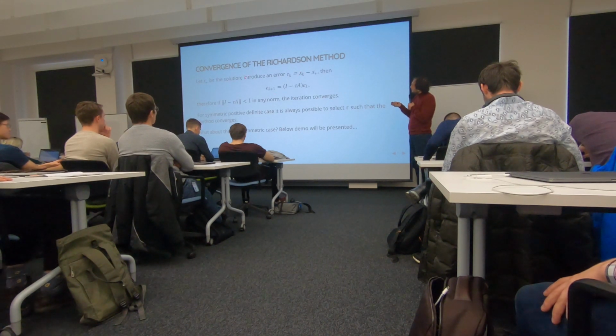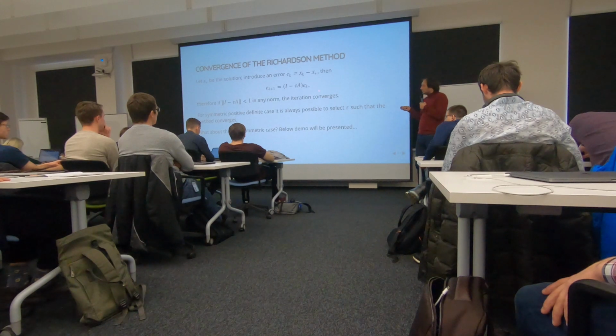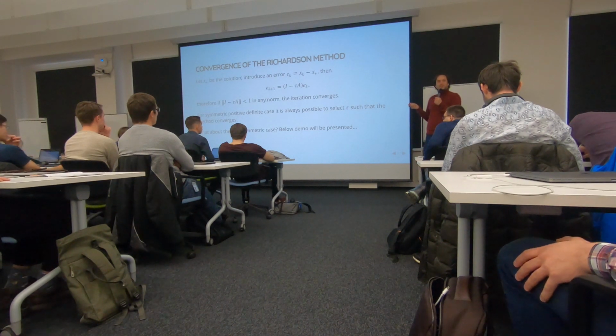We have this recursive definition for the error. The error is multiplied by this matrix at each step. So what is happening? We have the same matrix and we multiply by this matrix at each step. And if you start from some initial approximation, after k steps, you will have just the power of this matrix.